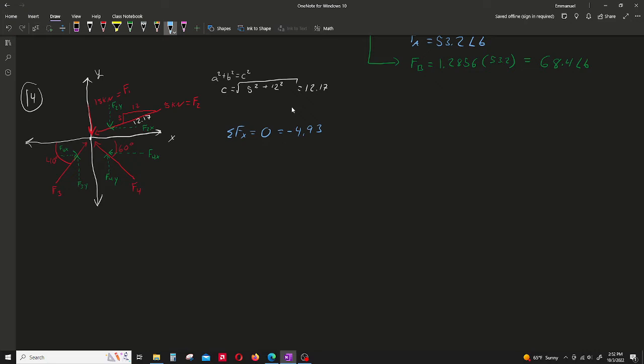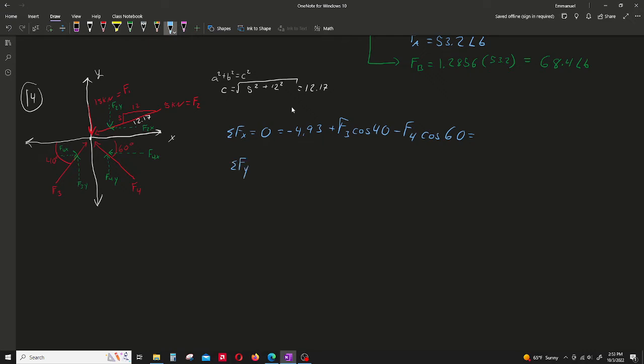So it's 12 divided by 12.17. That'll give you that 4.93, plus F3 cosine 40 minus F4 cosine 60, and that equals nothing yet because we have two unknowns. F3 and F4 are both our unknowns. I'm going to leave that one alone for right now.